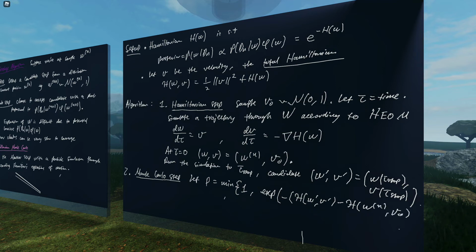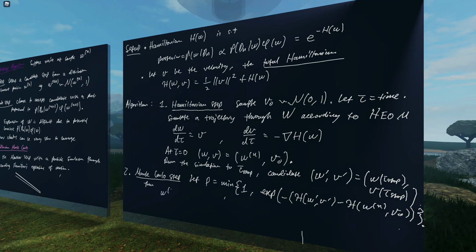So what this does is that we are letting our probability be proportional to the energy difference between where we started and where we are going, what our new candidate is.